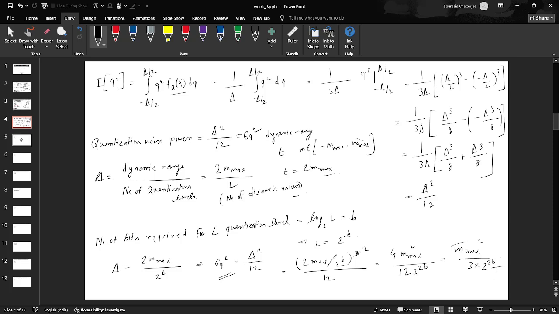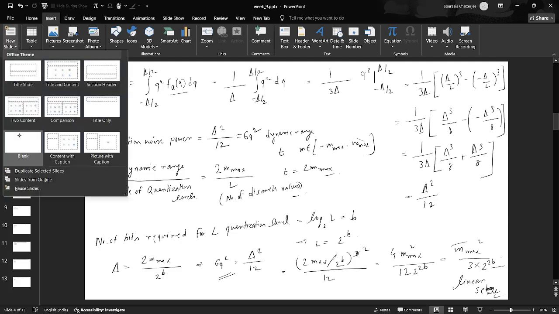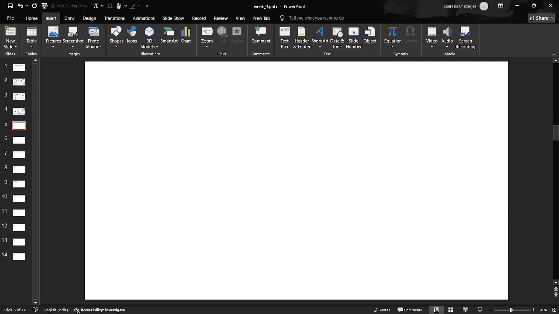This is in linear scale here. It turns out it's actually pretty easy to talk about this noise power in dB scale.